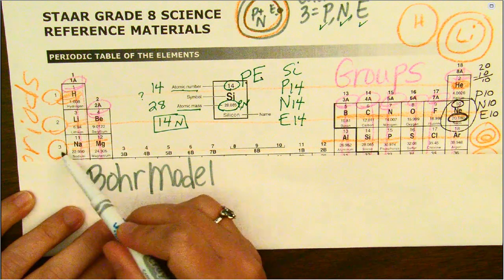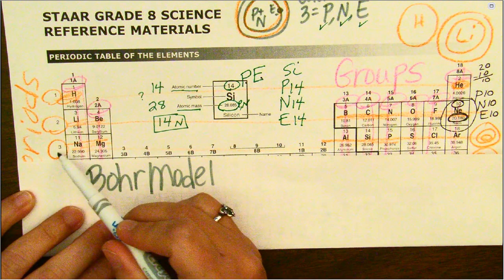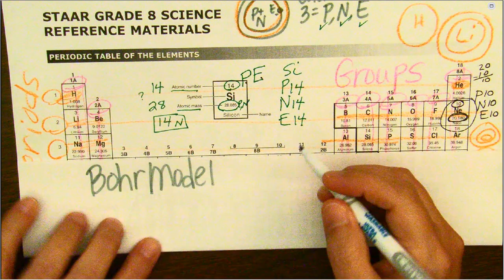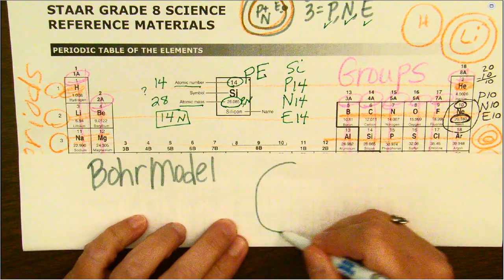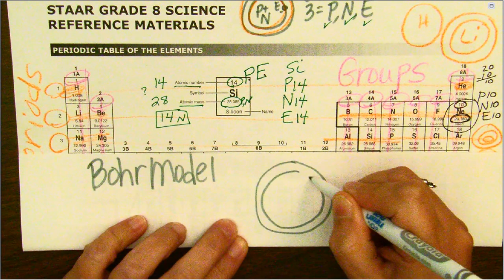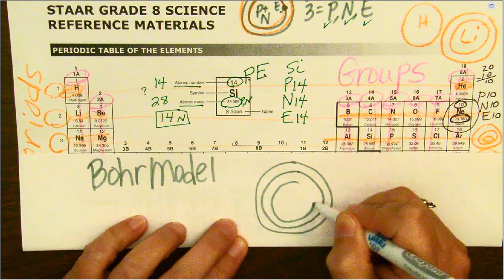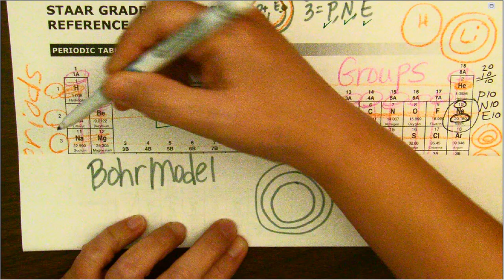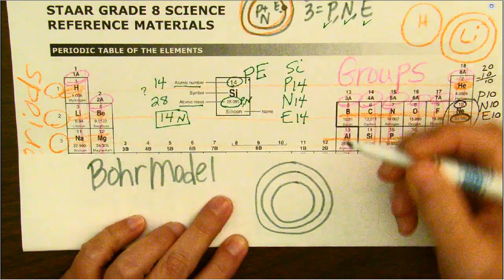Because it's in row 3, I'm going to have 3 energy levels. I'm doing sodium.